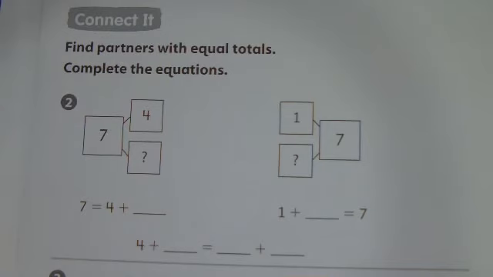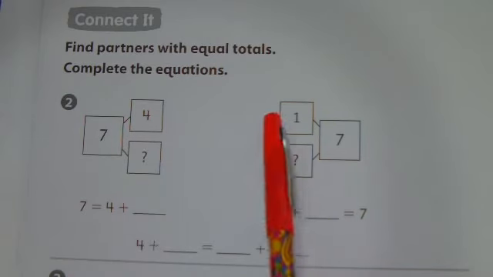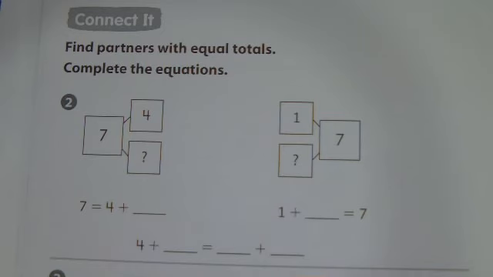The first thing I want you to think about is labeling your part whole. So go ahead and go through this number bond and label your part whole. Then I want you to go to this number bond and label your part whole. Then I want you to go to this equation, 7 equals 4 plus blank, and label your part whole.